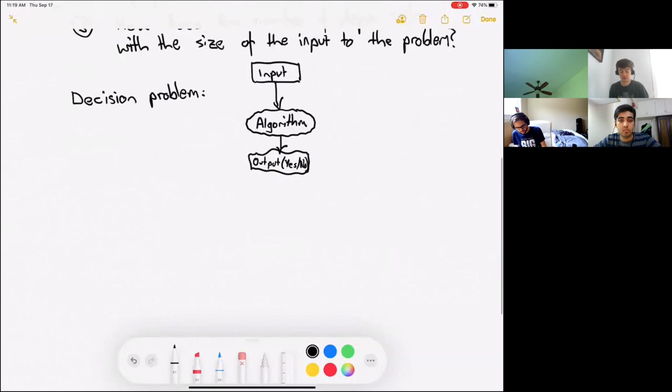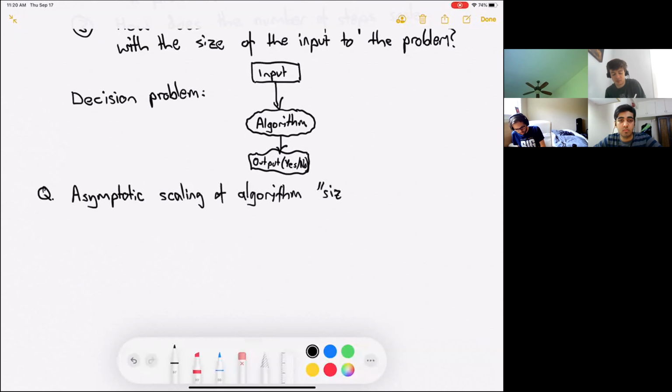So then, we want to know the asymptotic scaling of the algorithm size, whatever we might mean by that, like maybe the number of steps, maybe something else, in the limit of large input size.